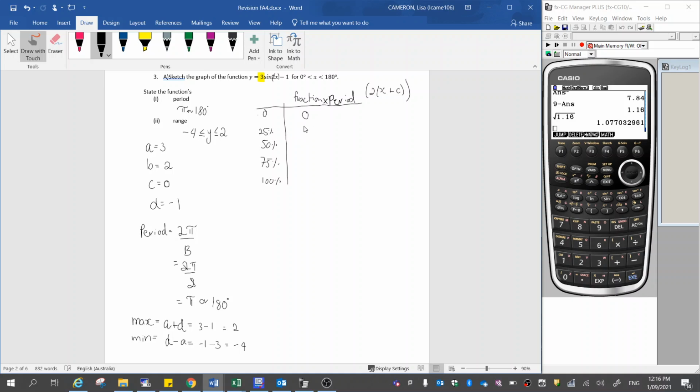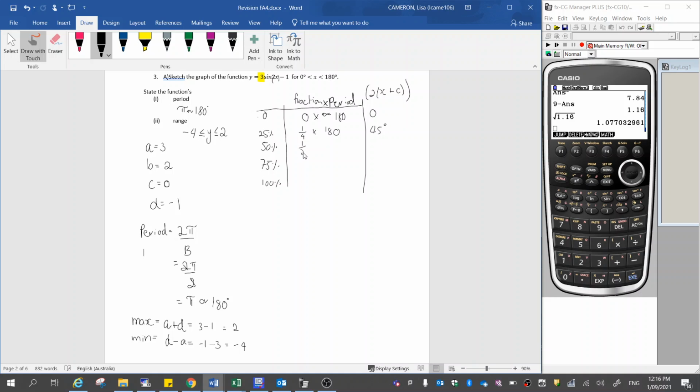So our first one is going to be 0 times 180. So our initial spot that's going to be important is at 0 degrees. Now, normally my table would look a lot better, but you try writing on a sketch pad. Okay, so the next one is 1/4 times 180, which will be 45 degrees.